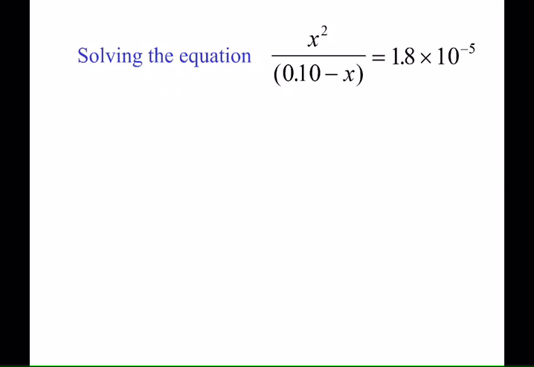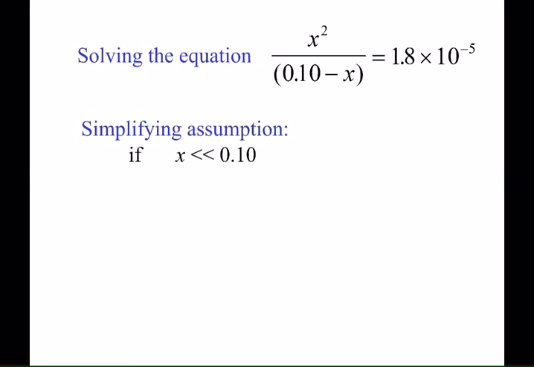So you could use the quadratic, but if we assume X is significantly smaller, if X is significantly smaller than the initial molar concentration of your weak acid, okay, then life becomes easier.